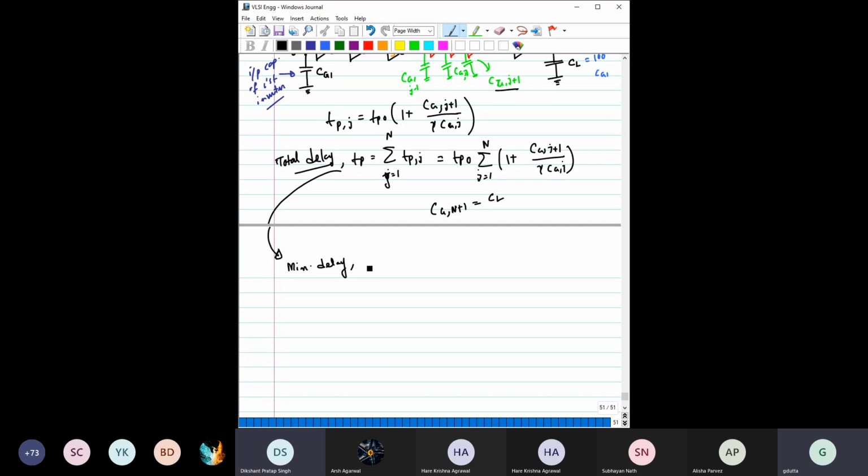So for minimum delay, by taking n minus 1 partial derivatives and equating them equal to 0, that means you have to take delta Tp by delta Cg of j and make it equal to 0.